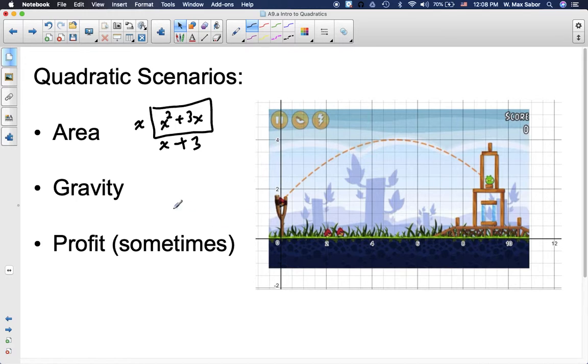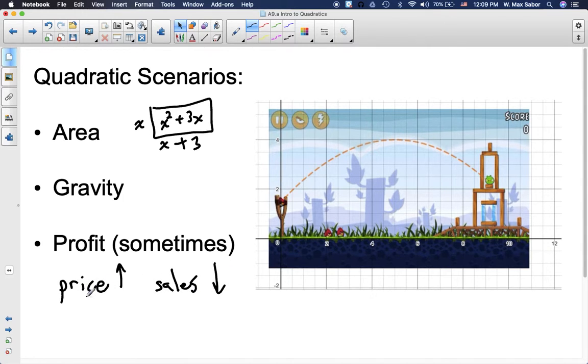Gravity is also quadratic, and profit is sometimes quadratic, not always, but specifically if you're talking about a price going up, and the price going up causes the number of sales to go down.